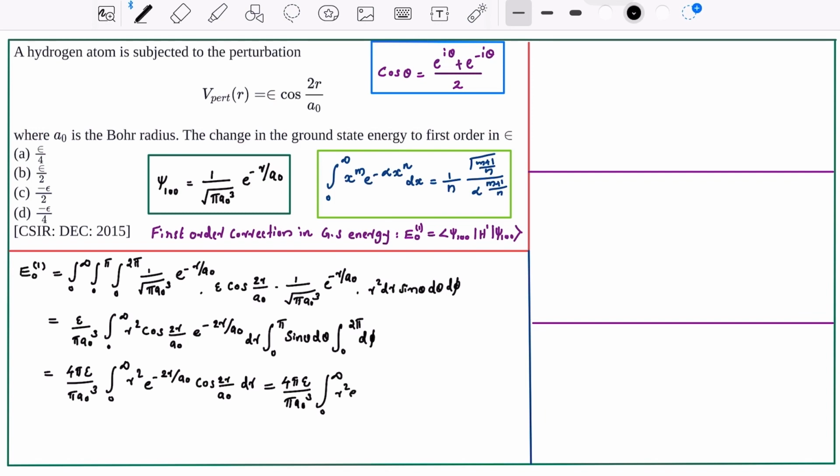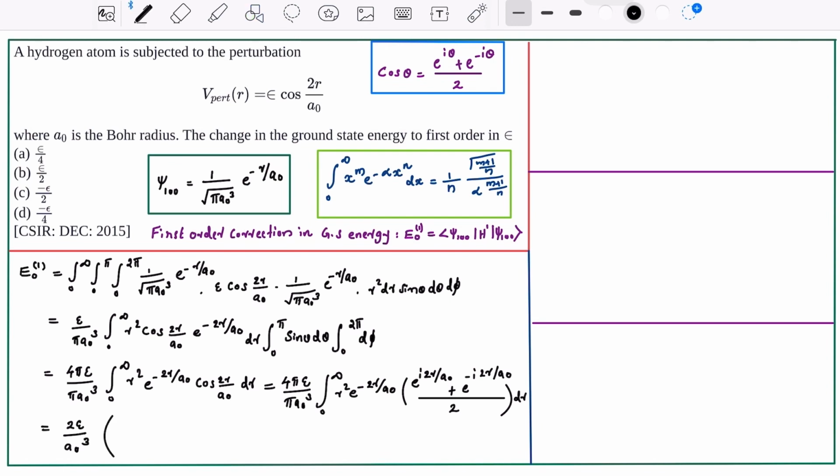Therefore our integral becomes 4 pi epsilon by pi A0 cubed, integral 0 to infinity R squared e raised to minus 2R by A0, where cos 2R by A0 we can write as (e raised to i 2R by A0 plus e raised to minus i 2R by A0) divided by 2, into dr. Now let us simplify the expression inside the integral sign. This is equal to 2 epsilon by A0 cubed.